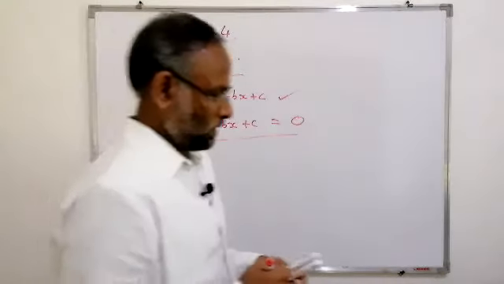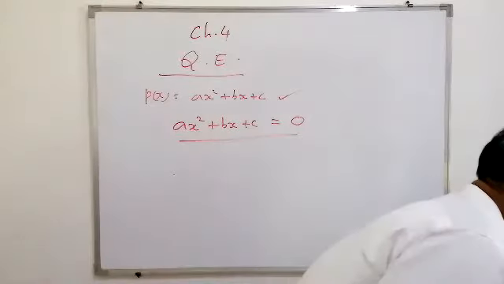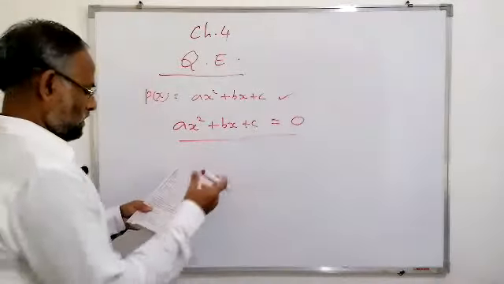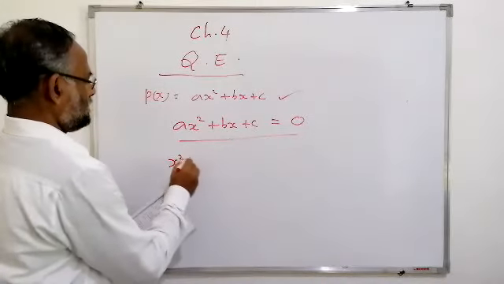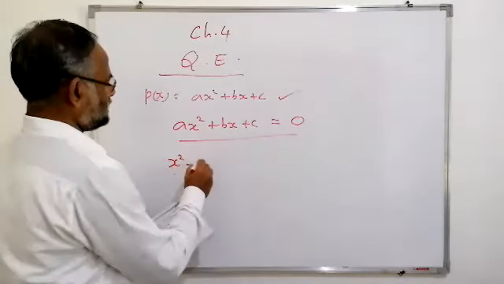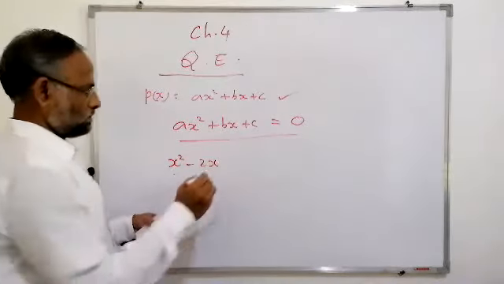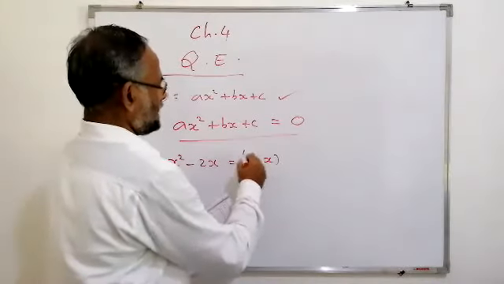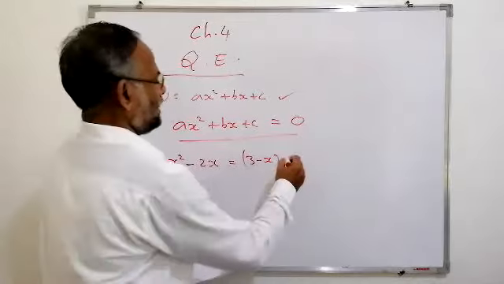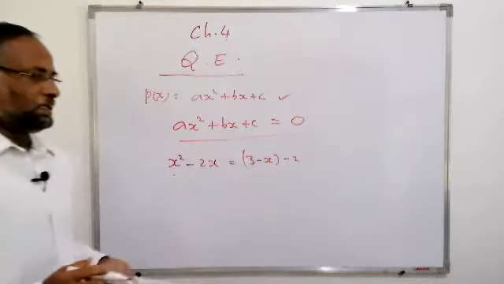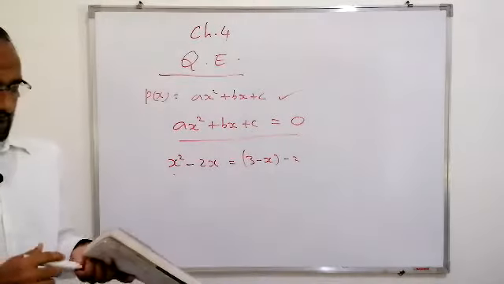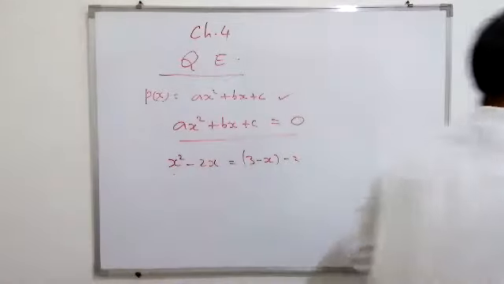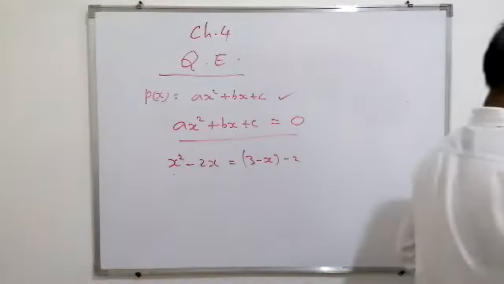Second degree, x square minus 2x equals 3 minus x into minus 2. First, we have to identify whether it is a quadratic equation or not. First check, the equal sign is there.